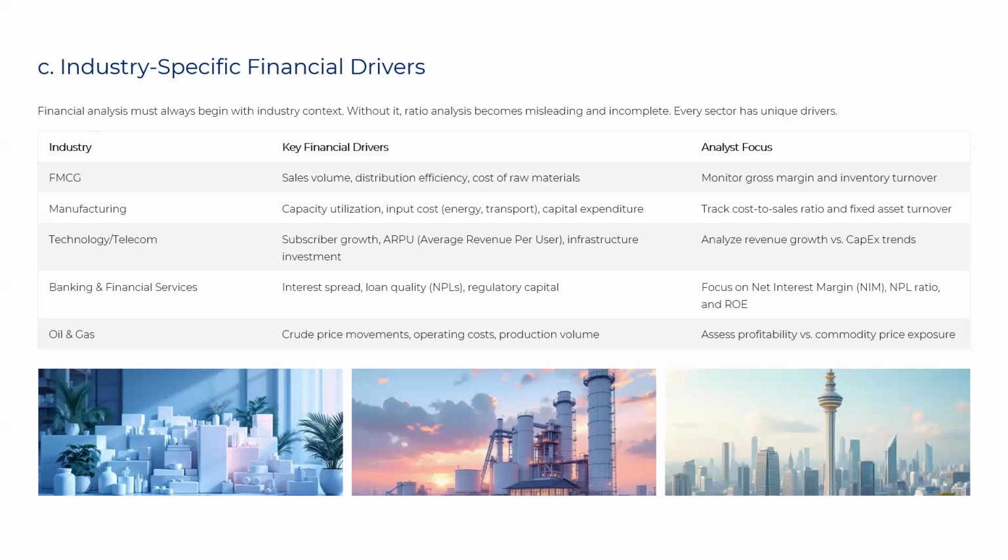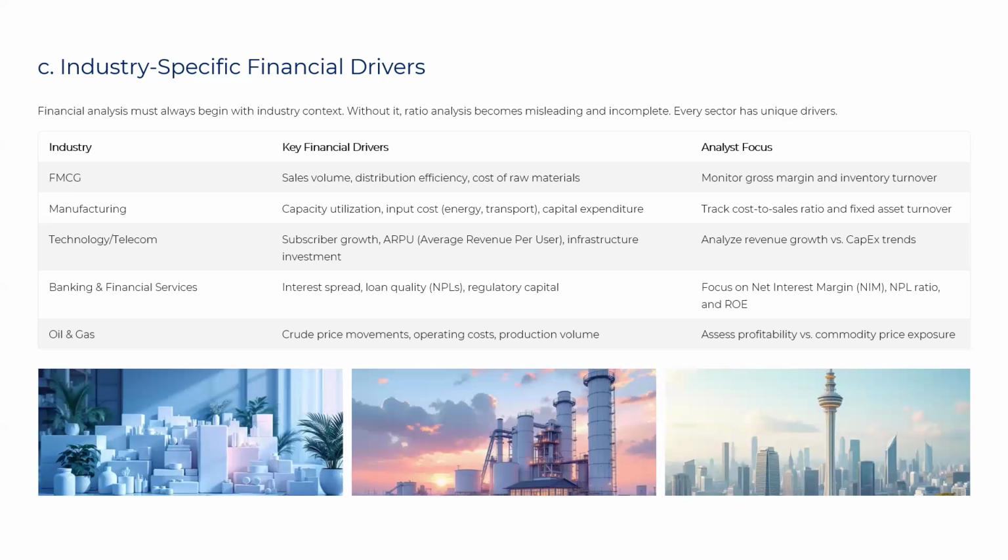So for example, FMCG, which is fast-moving consumer goods, the key financial driver is the sales volume. FMCG, as the name implies, fast-moving. The goods are fast-moving, so the sales volume is on the high side. So anytime you're analyzing, you are always analyzing the what?